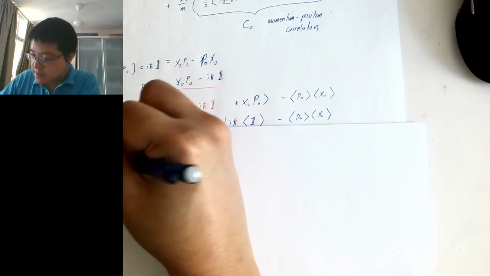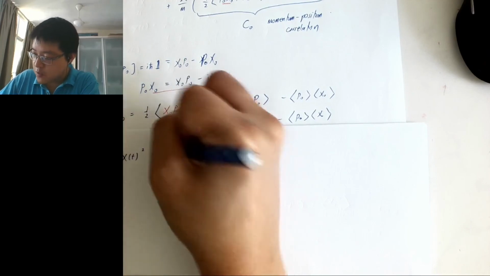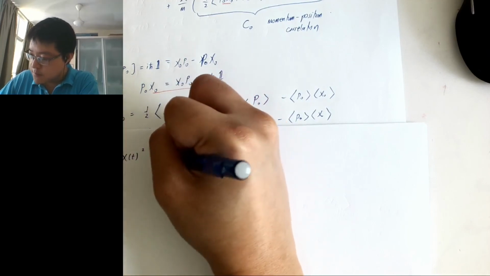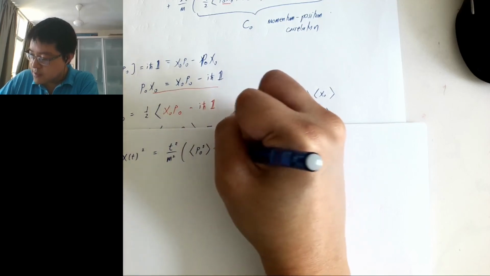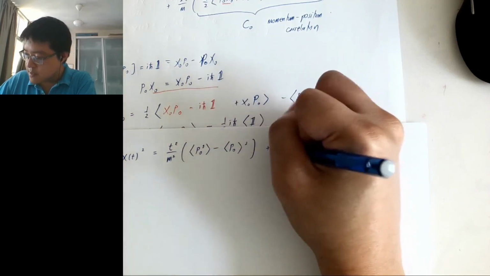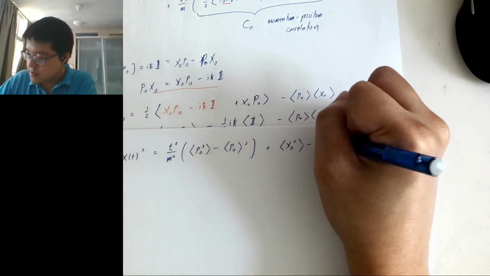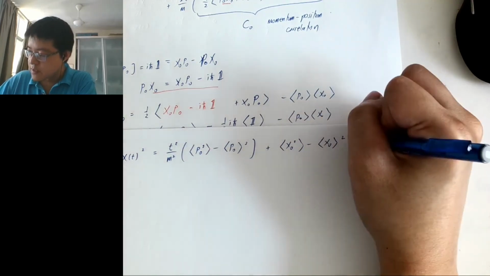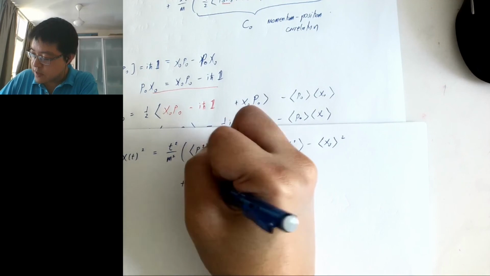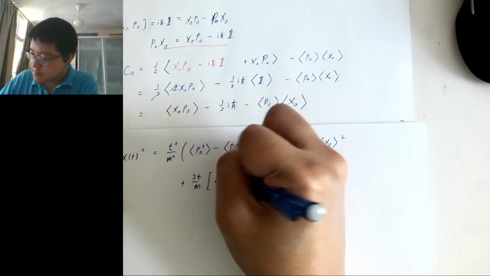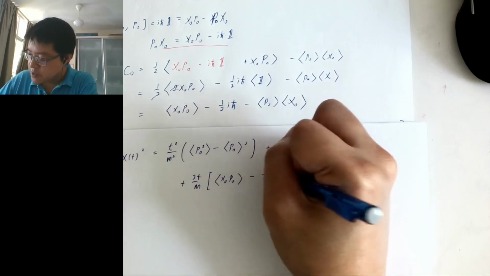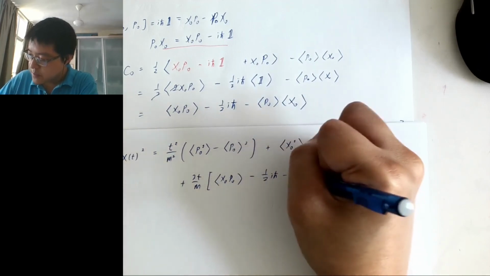Our delta x squared as a function of time is t squared over m squared, bracket p squared minus p0 squared plus x squared minus x0 squared, and then the cross term is 2t over m, and the whole thing is xp minus half iħ minus px.